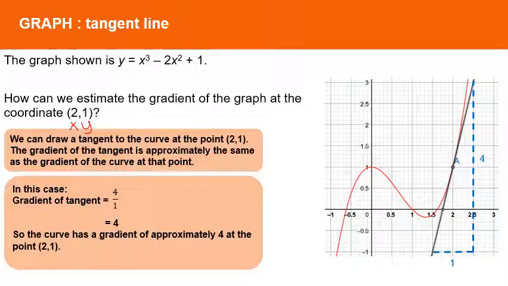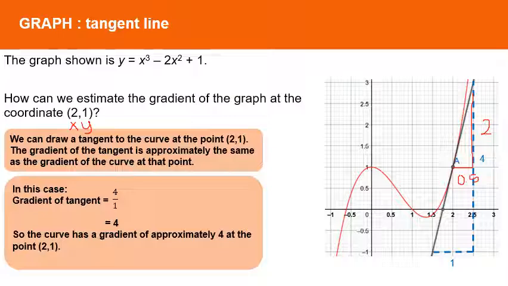What will happen if you make the triangle smaller? It's okay, we will have the same answer. For example, I make the triangle over here, small like this. Now let us count: from 2 to 2.5 it's 0.5, and from 1 to 3 the difference is 2.